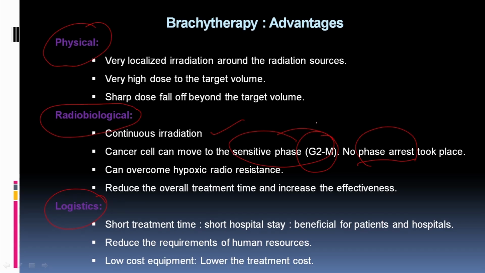So if we can overcome the hypoxic radioresistance, we can achieve better tumor control and we can cure the patient. And we can reduce the overall treatment time, as the brachytherapy applications are for some days. So we can increase the effectiveness of our radiation treatment.